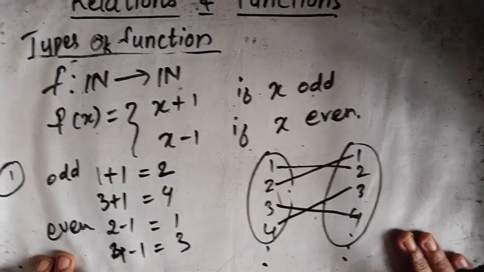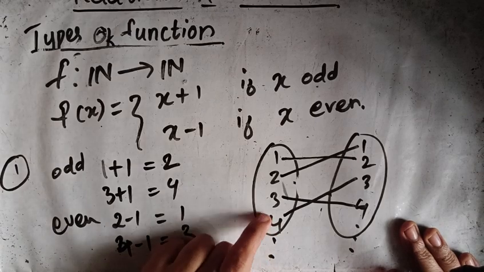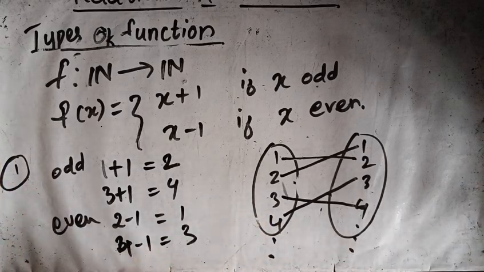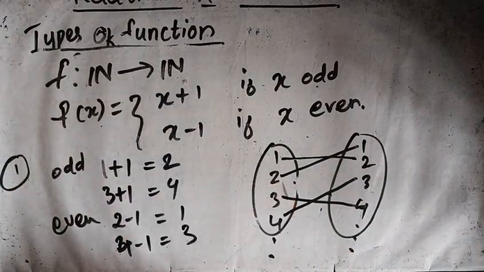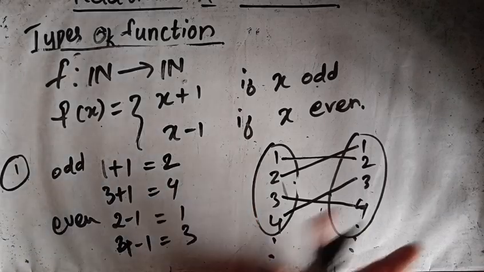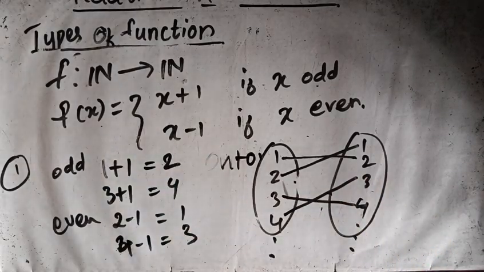So all numbers are getting covered. Okay. So odd numbers are going to even numbers and even numbers are going to odd numbers. So all the numbers in the set N, that is the set of natural numbers, are covered. Okay. So this is onto.